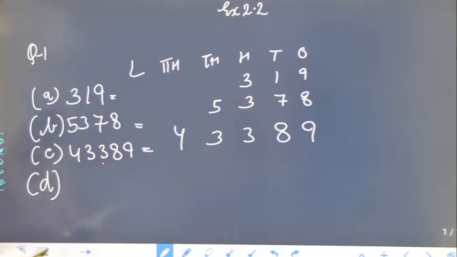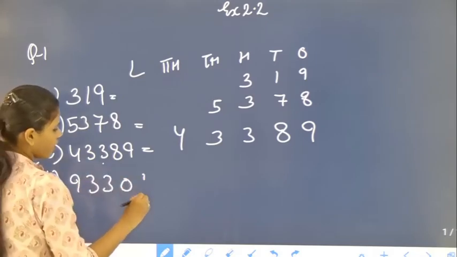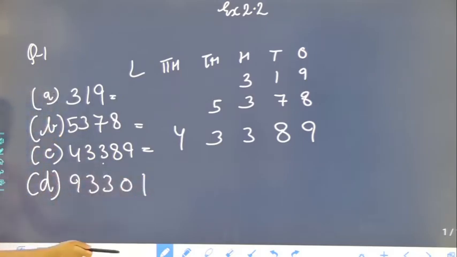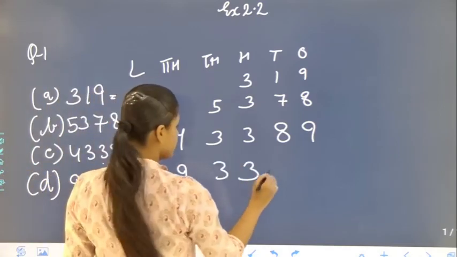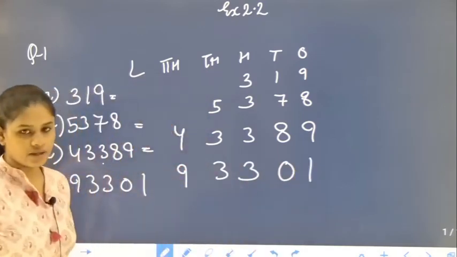D part is 93301. Again we will start from right hand side. Ones, tens, 100, 1000, 10,000. तो हम इसको यहां से लिखेंगे 93301. Understand students?